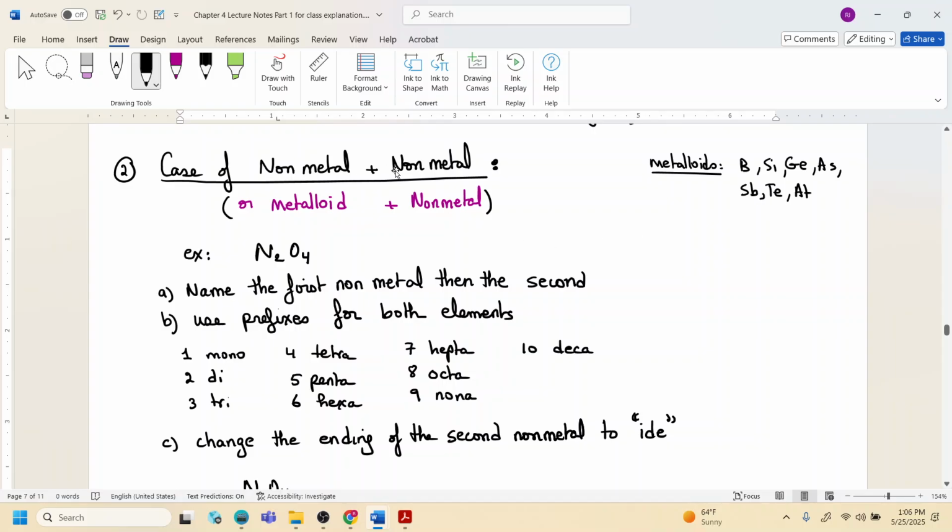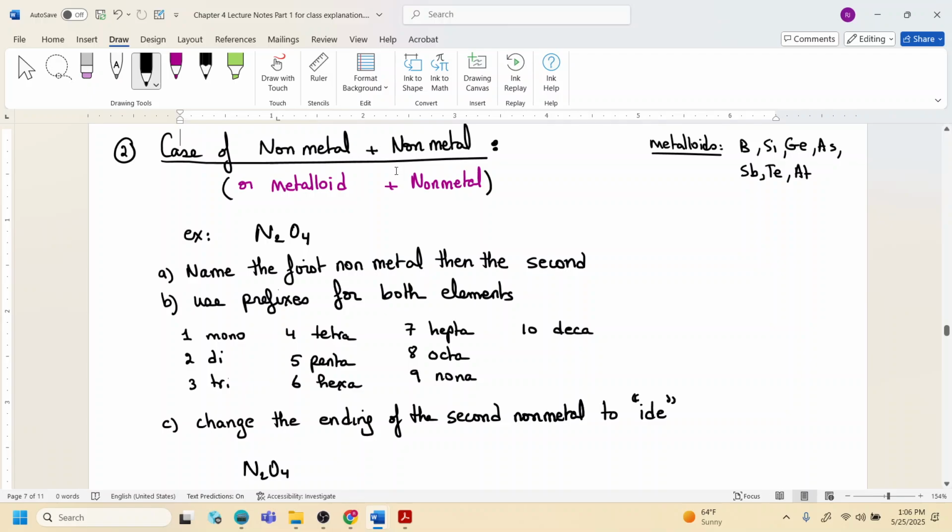So here you have 2 nonmetals. You don't have a metal. In this case, there is no metal, okay? So there's no metal, you cannot consider the charges. So please do not consider the charges at all. We have to use prefixes instead. So we're going to name the first nonmetal, then we're going to name the second one, and we're going to use the prefixes. These are the prefixes in there.